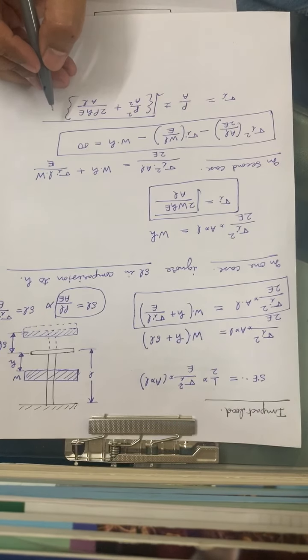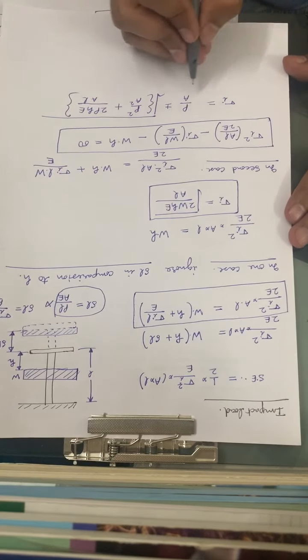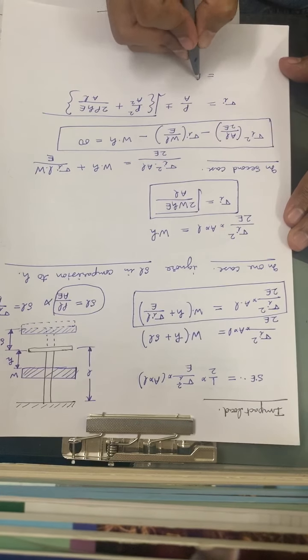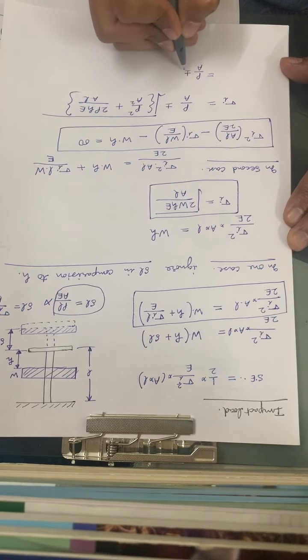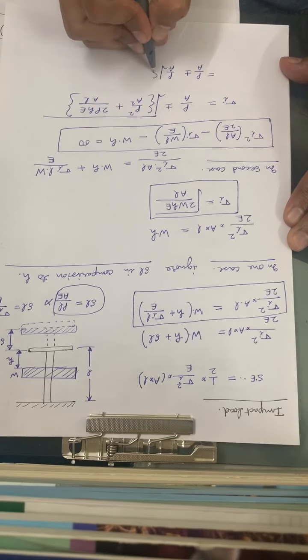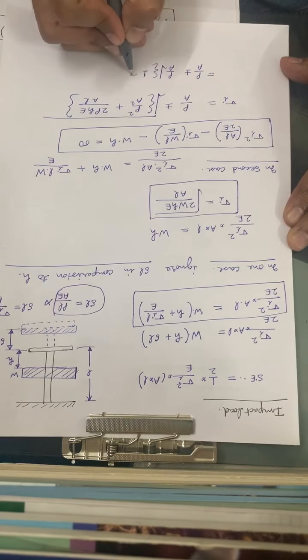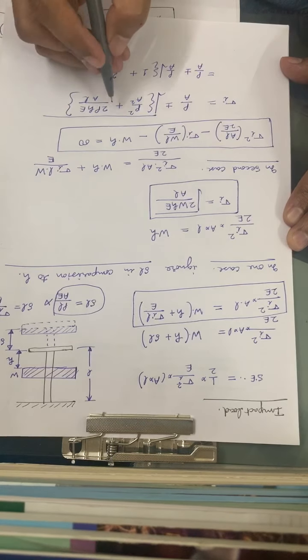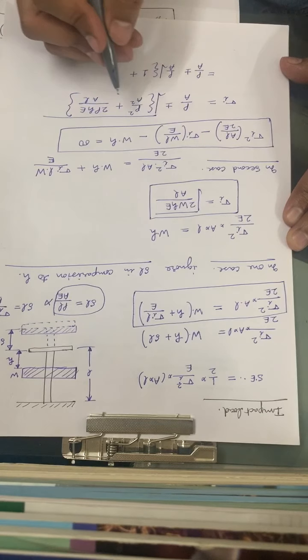And if we compare this further, we can take this P by A outside: plus minus P by A, 1 plus twice, where P is equal to W, right?